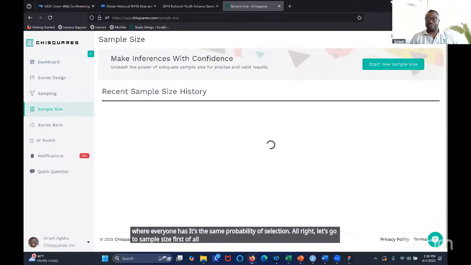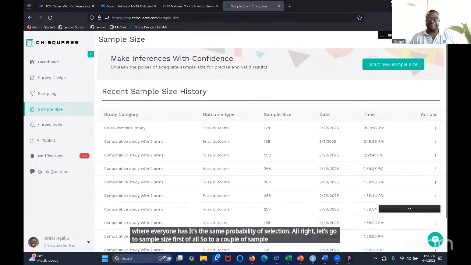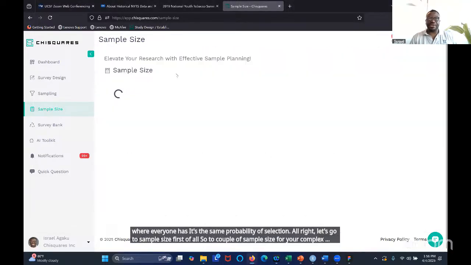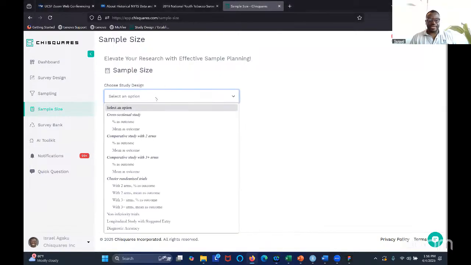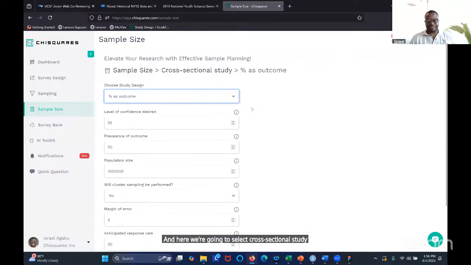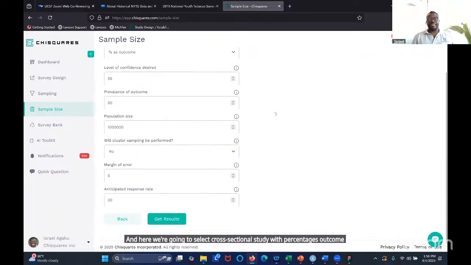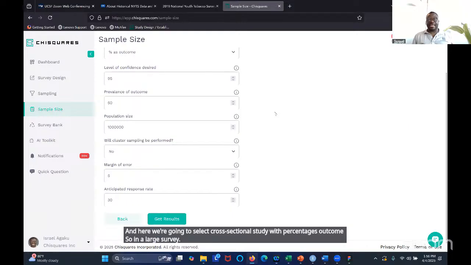To calculate sample size for your complex survey, we'll come here and select new sample size. And here we're going to select cross-sectional study with percentage as outcome. In a large, complex survey, you're likely going to have many outcomes, hundreds, if not thousands.